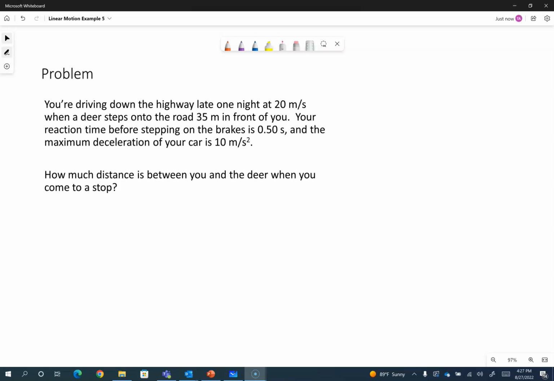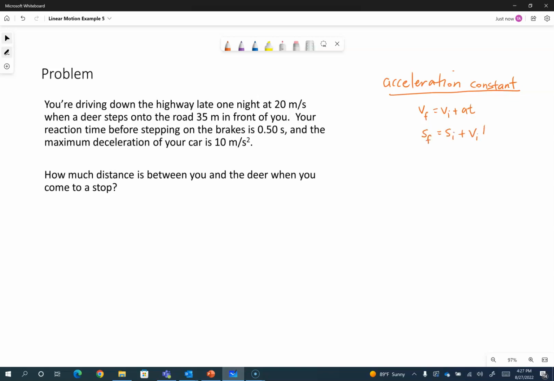So the acceleration, if you remember, the kinematic equations can only be used if we know for sure that the acceleration is constant. And it has to be constant for the entire time period we are using these equations for.